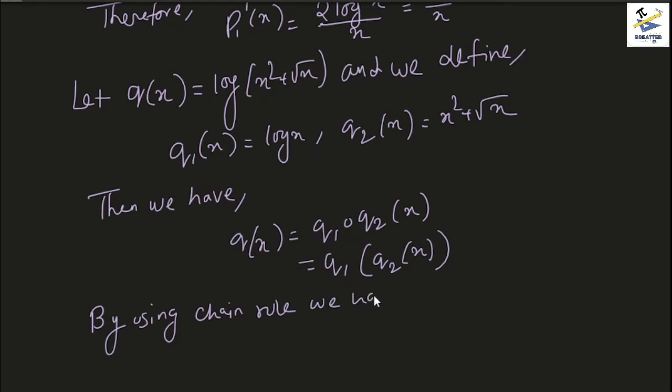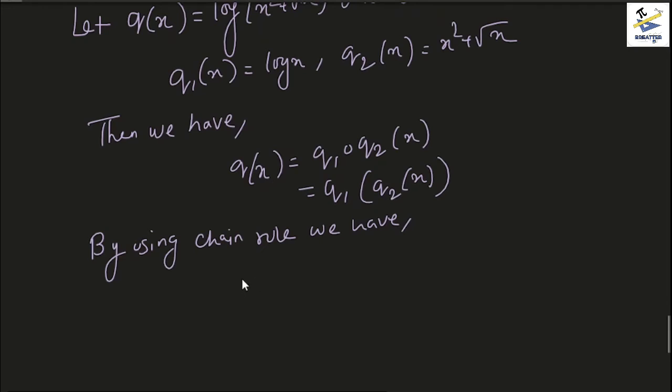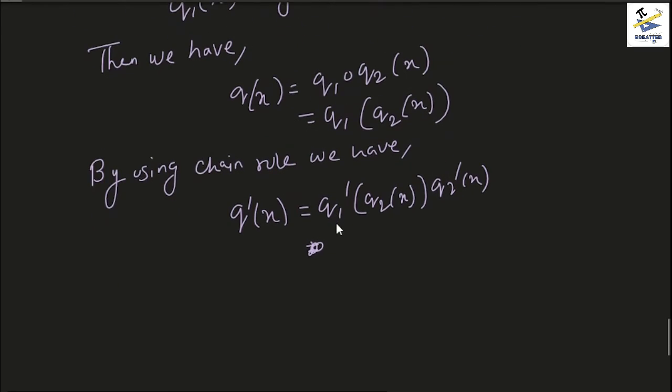we have q prime x equals q1 prime of q2(x) equals, and let us do this later because we first need to find out the derivative for q1 and q2.